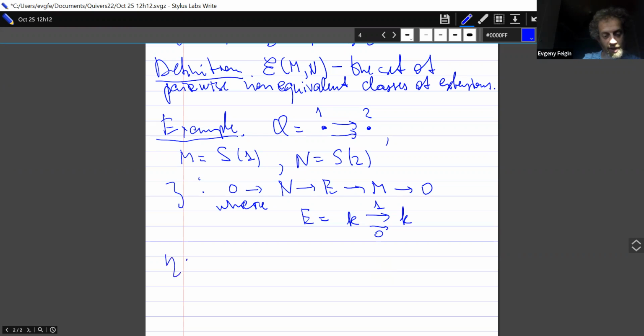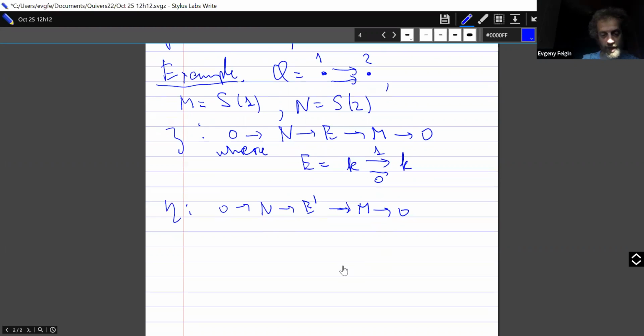And we consider eta, which is very similar but a bit different, with E prime also two-dimensional, but the roles of zero and identity are interchanged.